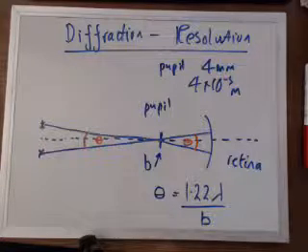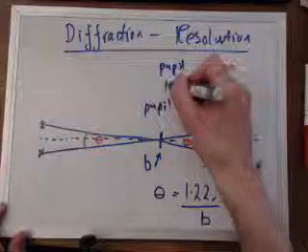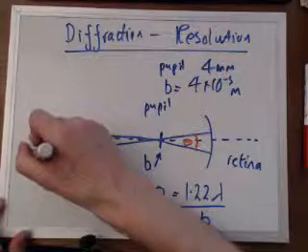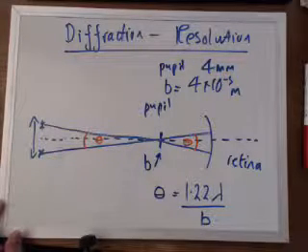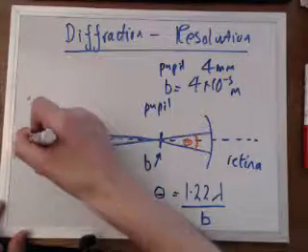Now let's put some distances on here. Let's put some values. So we've got b is equal to 4 times 10 to the minus 3 meters. Let's say the distance between the headlamps is 1.6 meters.